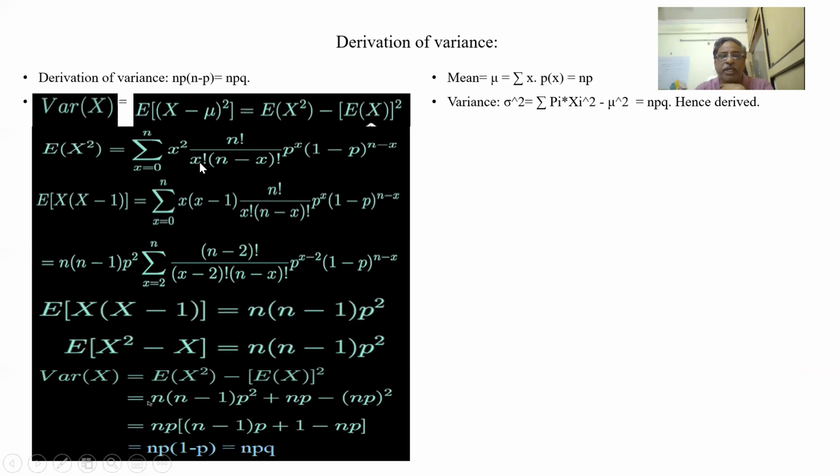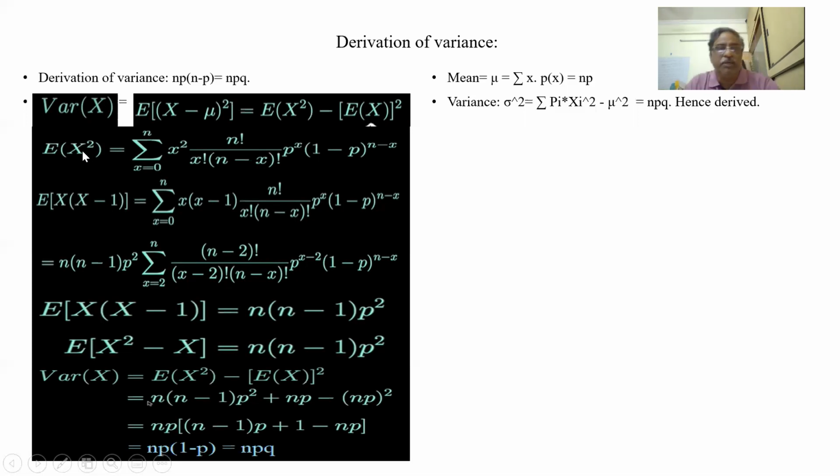Now I have x square, and I have x here. So I am writing this as x into x minus 1 first, because I have to cut the factorials. So I need x into x minus 1 here. What I am calculating is E of x square minus E of x.